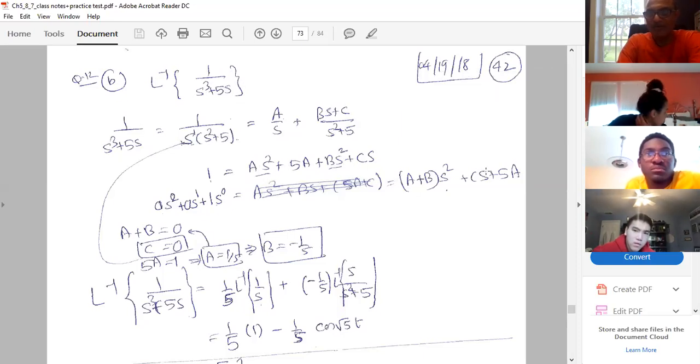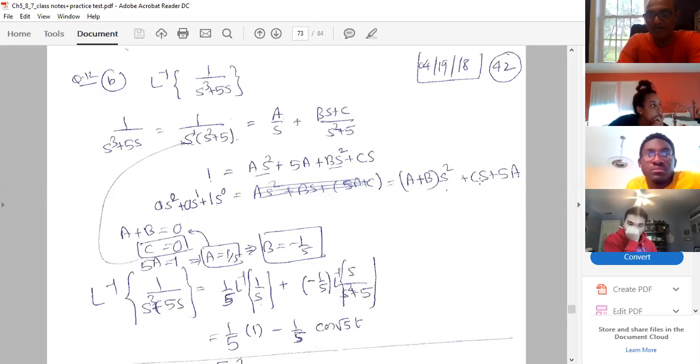So (A plus B)s squared plus Cs plus 5A; the left hand side is this one. If you compare the coefficients, you get A plus B for s squared. Nothing is mentioned over here, just 1, and 1 can always be written as 0 times s squared.